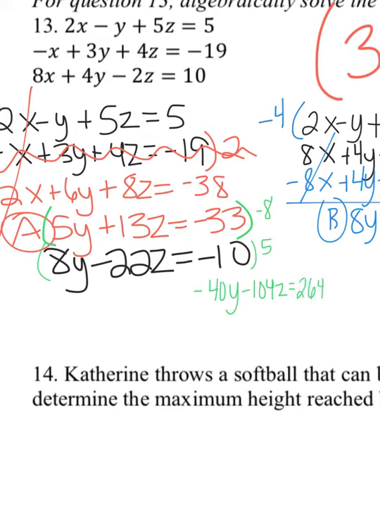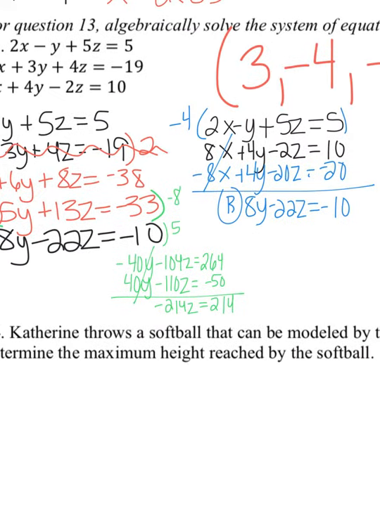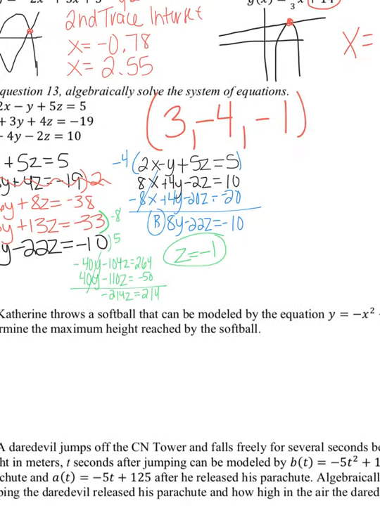And the bottom equation is now positive 40y minus 110z equals negative 50. So when I add down now, this cancels. I get negative 214z is equal to 214. And when I divide, this gives me z is equal to negative 1. So I come back up here, z is negative 1, that works.